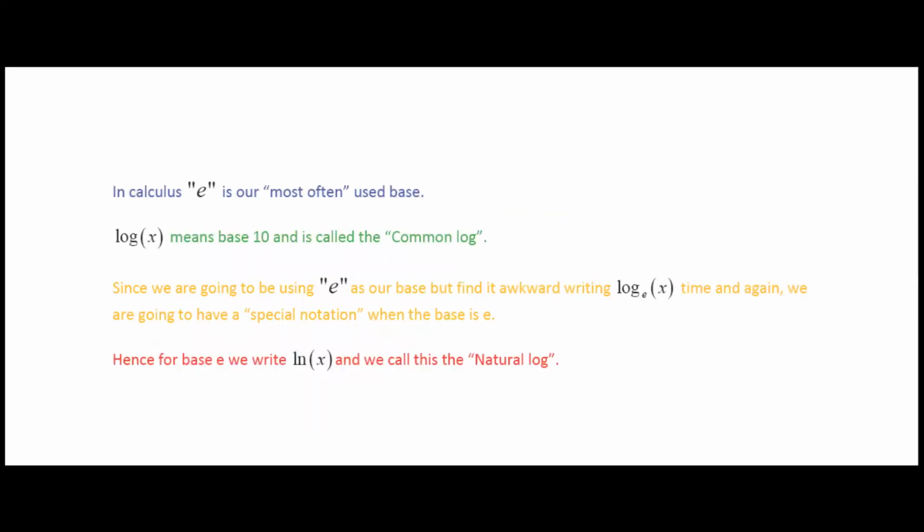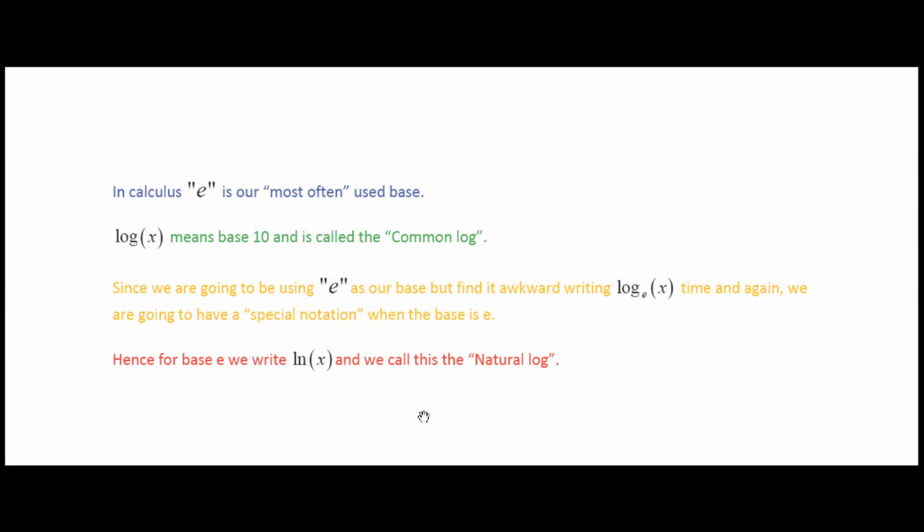Now, in calculus, e is the base we use most often. We said just a few minutes ago that the log of x means base 10, if you see no number written down, the common logarithm. Well, since we're going to be using e as our base, but find it awkward to keep writing log base e of x, we need some additional notation, okay?